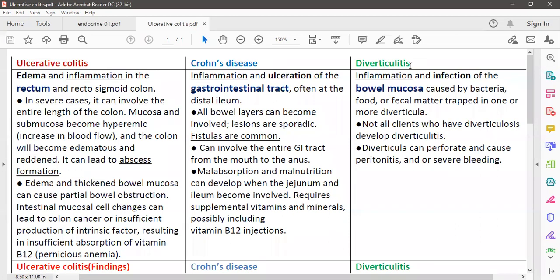Diverticulitis can sometimes perforate and cause peritonitis. What is peritonitis? It is the inflammation or perforation, right?